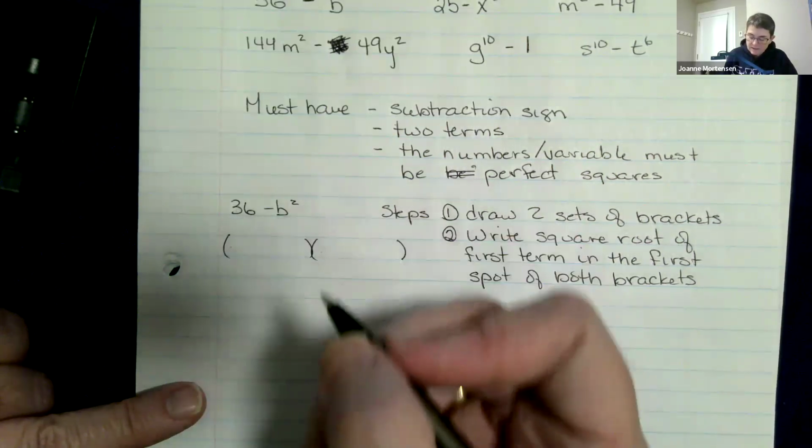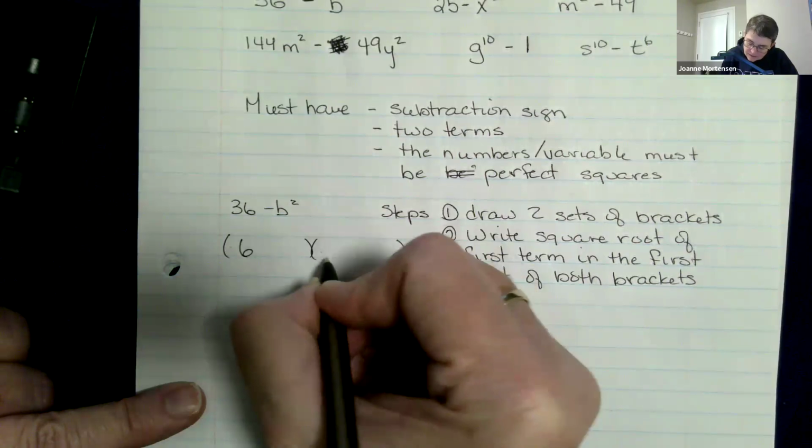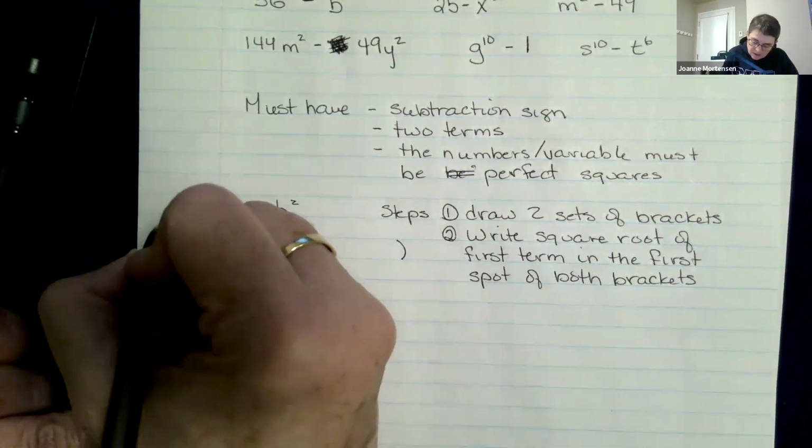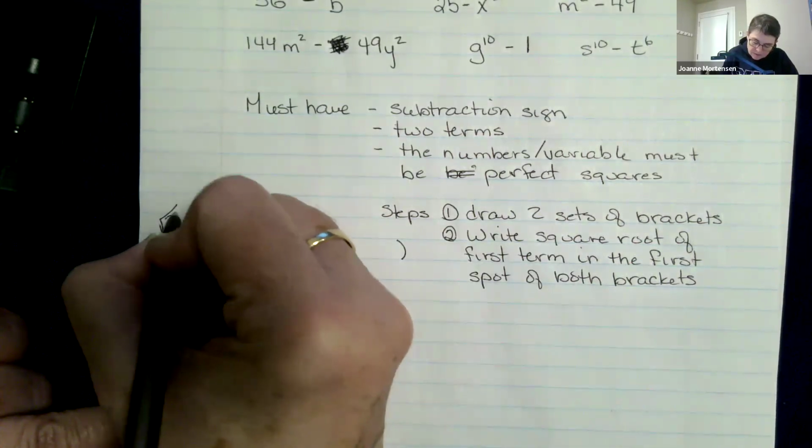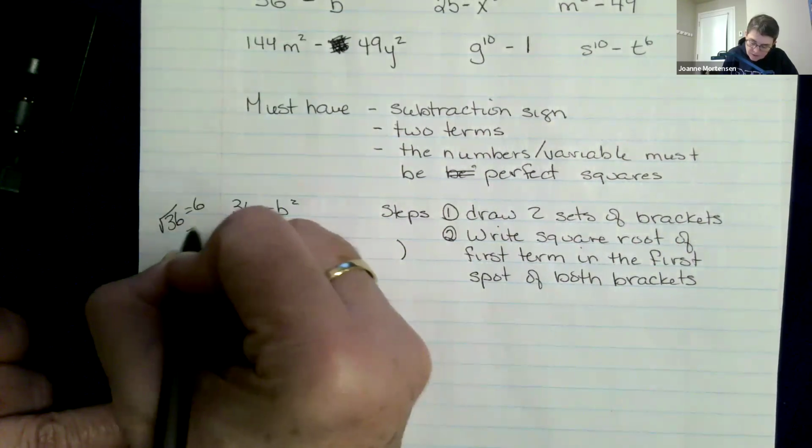So the square root of 36 is 6 and 6. I'm just going to go scribbly boop and put an arrow.